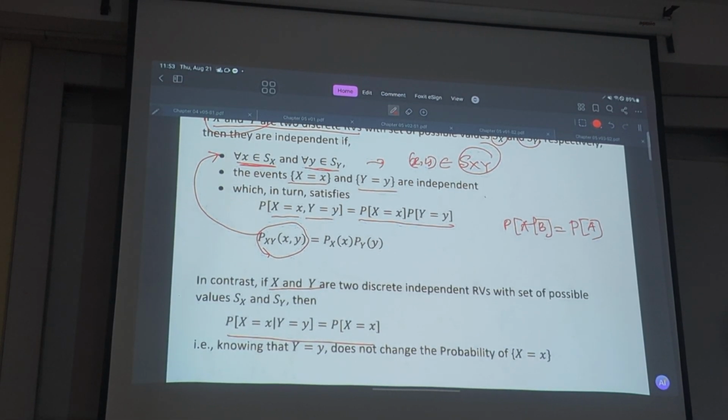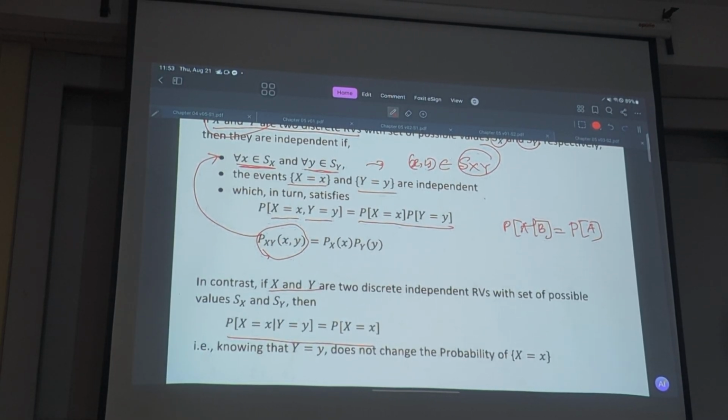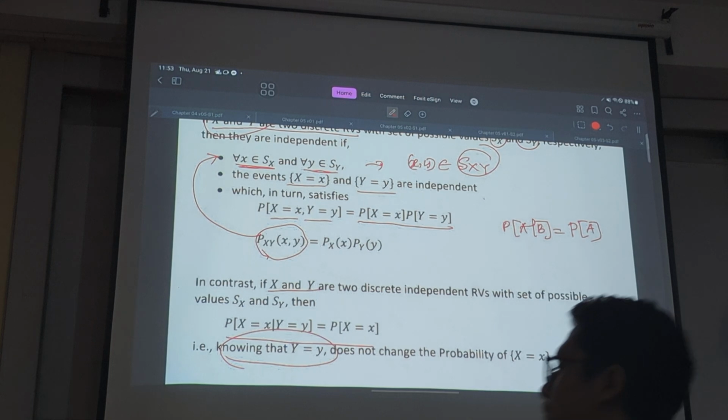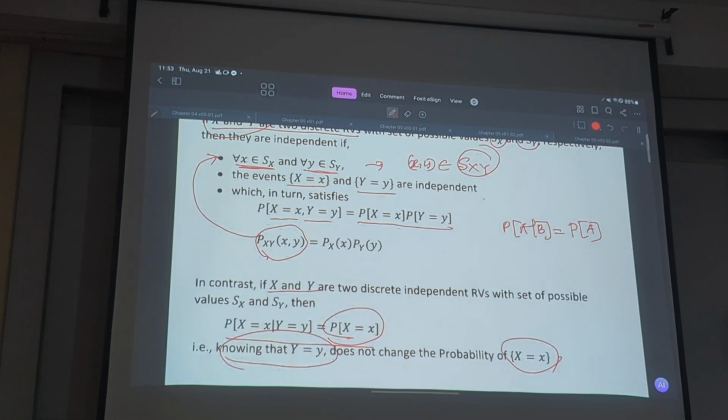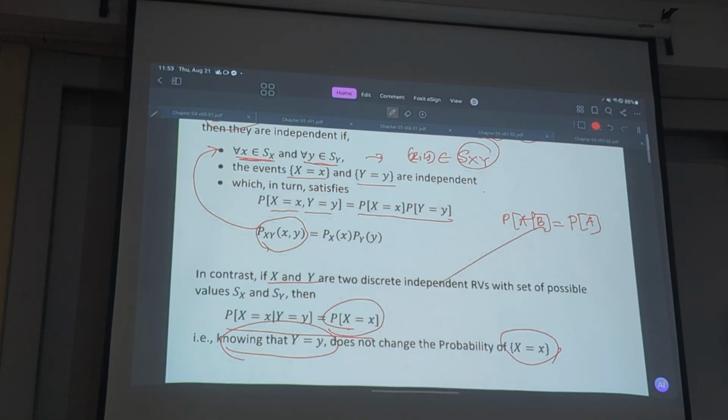If A is independent of B, then the probability of A given B is equal to the probability of A. That means knowing that B has occurred does not change the probability of A occurring. Knowing that Y equals y does not change the probability that X equals x. So the probability that X equals x is the same as the probability that X equals x given that Y equals y. This conditional probability becomes the unconditional probability when random variables X and Y are independent. So this simple condition holds.